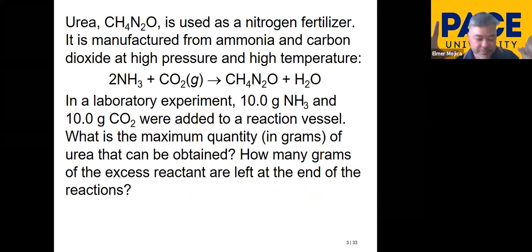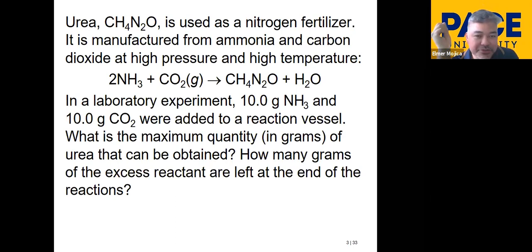So let's try to solve another problem. This might be complicated, but if you just follow what we're doing step by step, you should be okay. If it's not clear to you the first time around, you can look at the video again. This is another example of a limiting reactant problem.